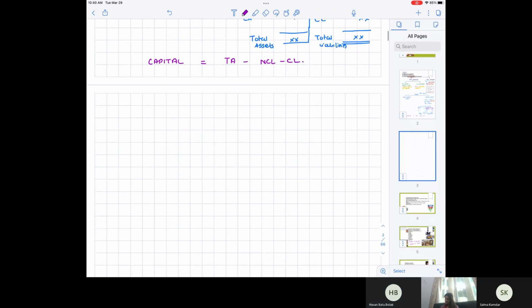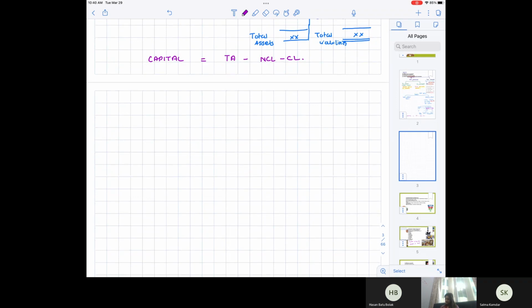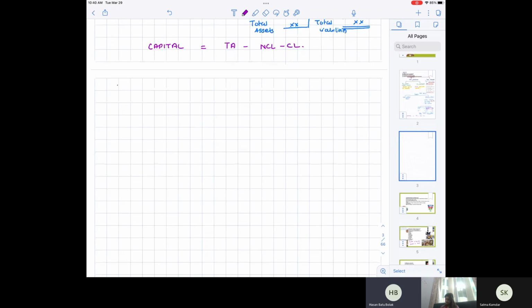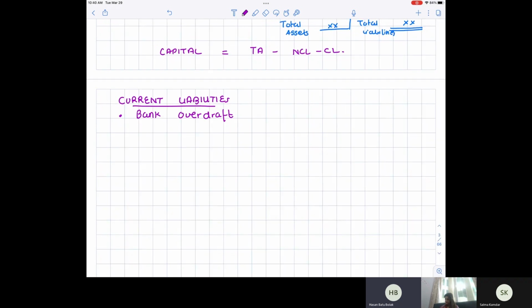Okay, lovely. Do you know what comes under current liabilities? Yeah, I know. Tell. Bank overdraft, short-term loan, and trade payables. Are you referring somewhere or do you know it by heart? No, you made us remember these.